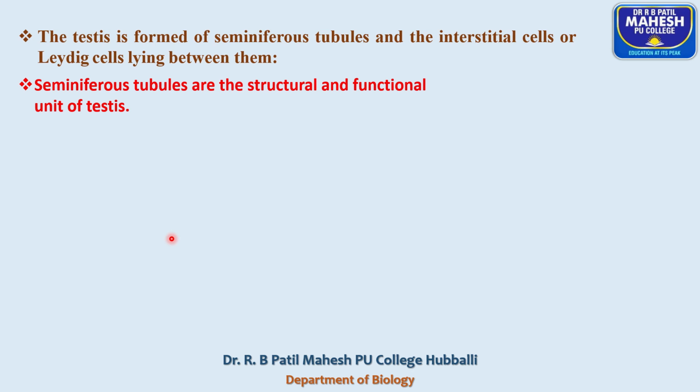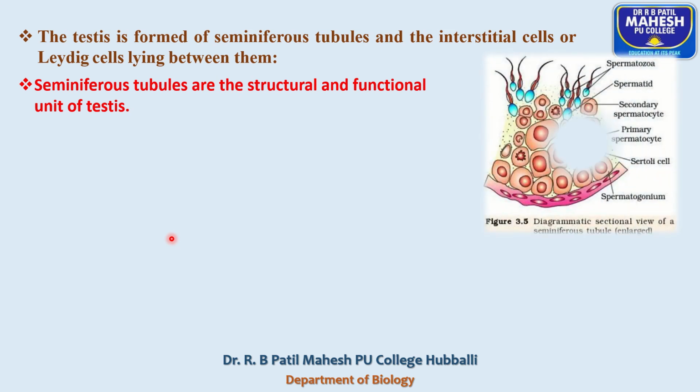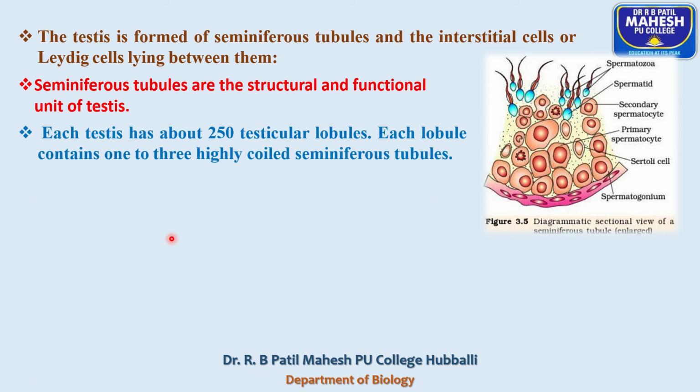Each testis is made up of structural and functional units, and those units are called seminiferous tubules. When you look at the sectional view of testes, each testis is made up of around 250 compartments, and those compartments are called testicular lobules.